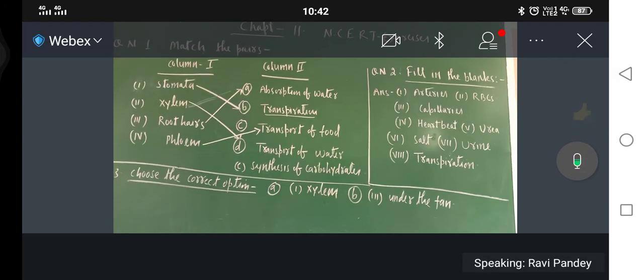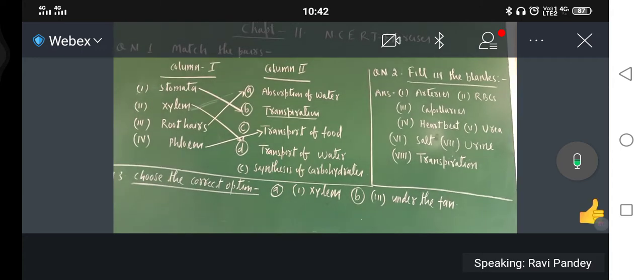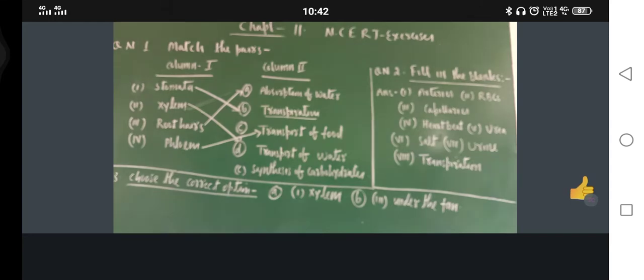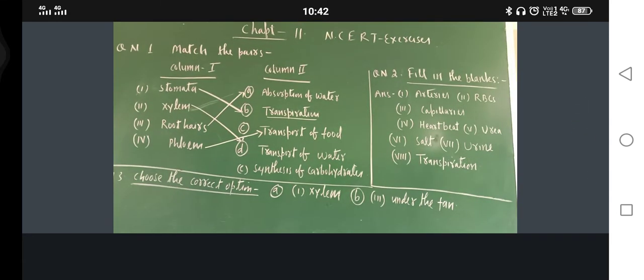Next question is to choose the correct option. Only two MCQs are there.